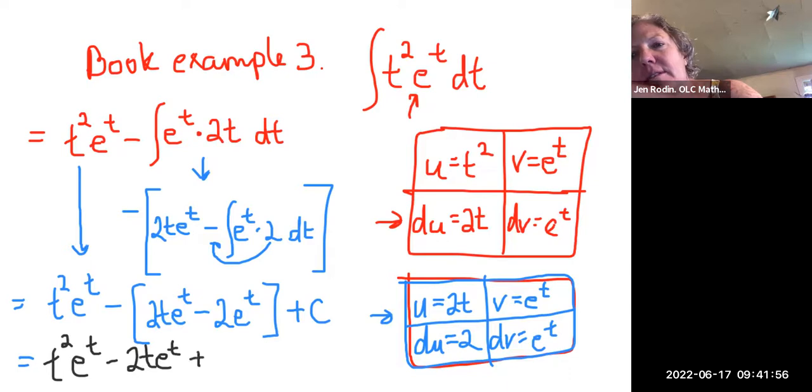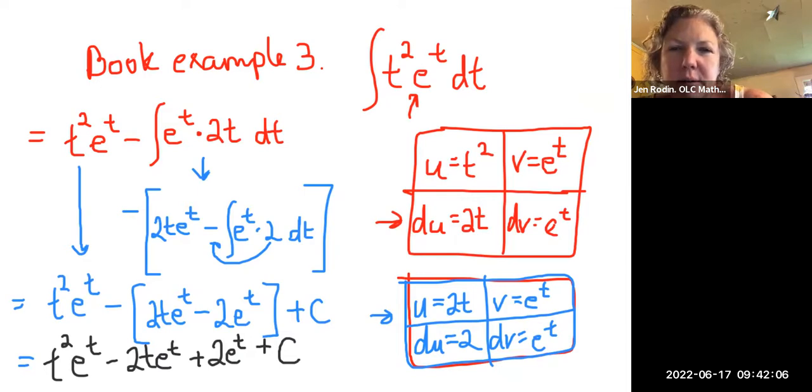Let's carry that negative sign through, plus c, some constant. Because e to the t could factor out of all of them, I was wondering if I should keep going and factor out e to the t, but no need. That's the official answer.